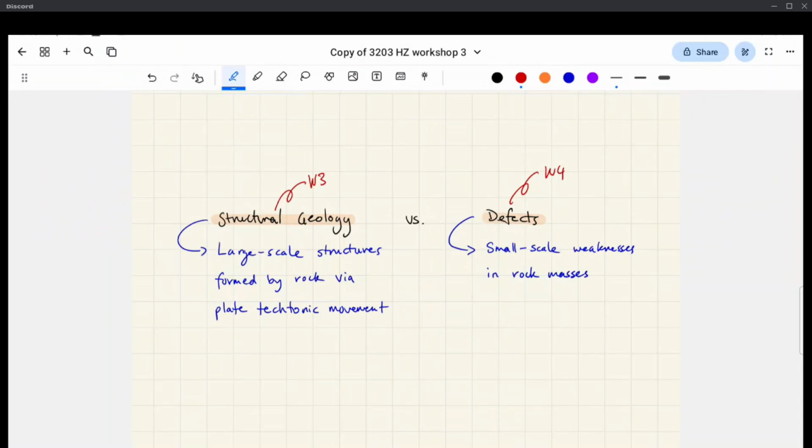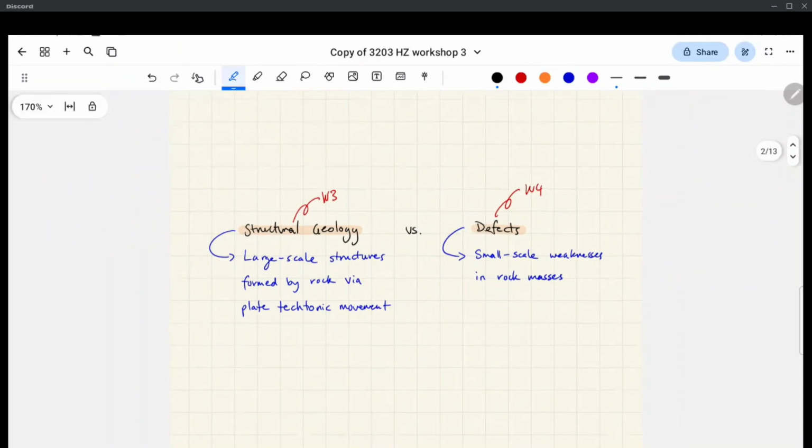You'll see some examples of what makes structural geology forms later here. But next week, defects, that's about small-scale weaknesses in a rock mass. So that's where you're going more thoroughly in describing a joint or a vein or something like that. So that's the difference. Does anyone have questions about this, or is that okay?